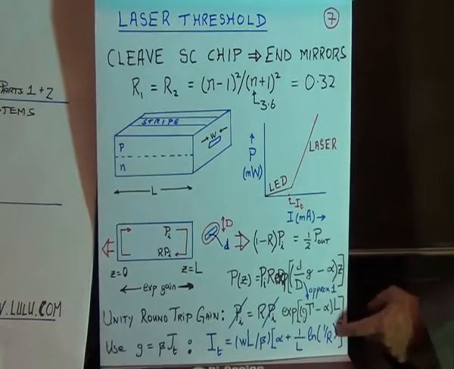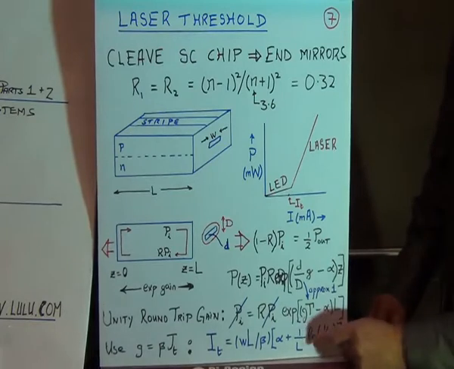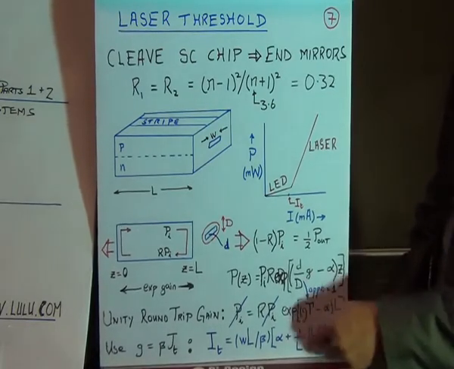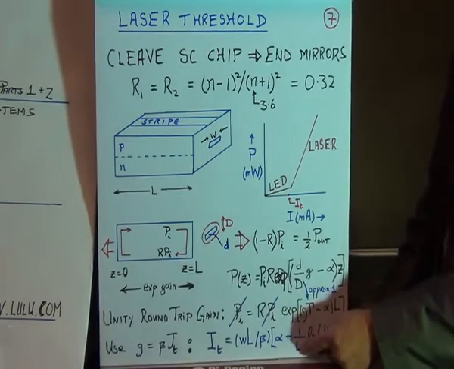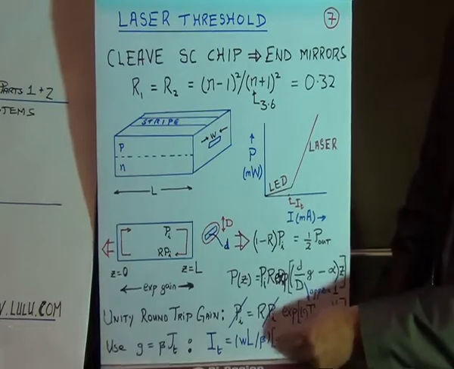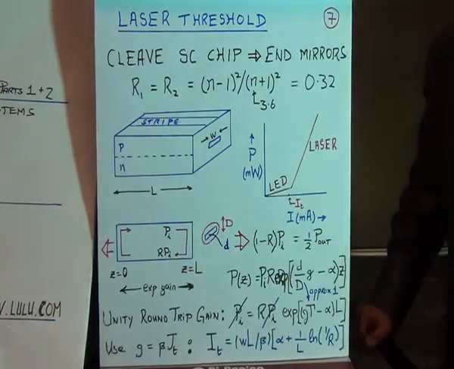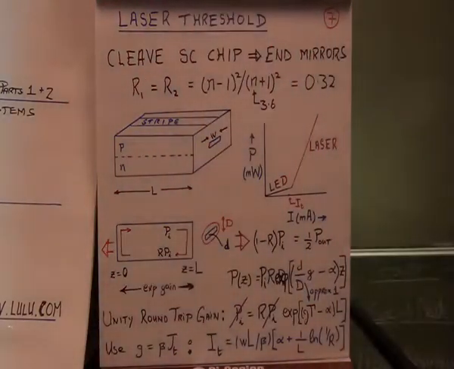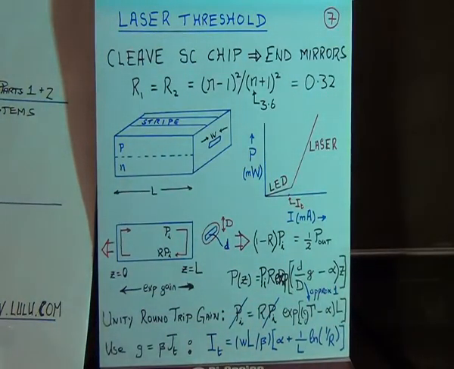But the reflectivity is not. It's abrupt at each end. So to combine them, we divide by L. So that expression there is effectively saying the abrupt loss distributed over the length L, added to the other losses per centimetre, gives us the amount of pumping we have to do. The pump is making up for the losses. And that's the form of that expression there.